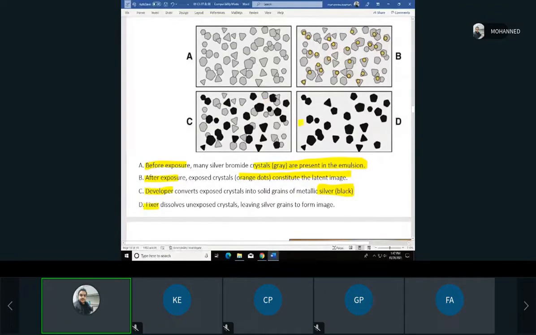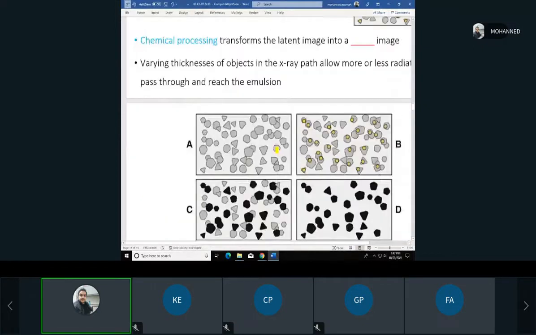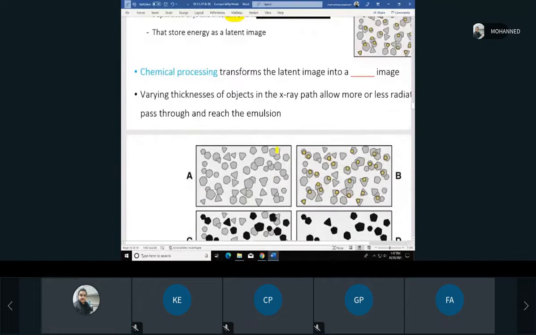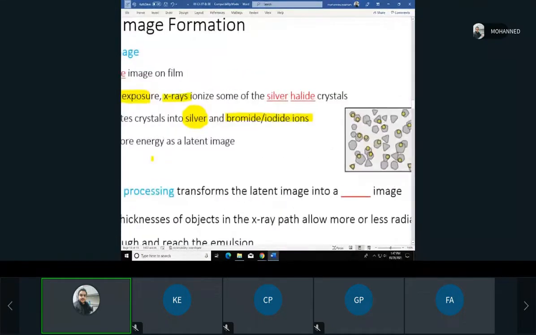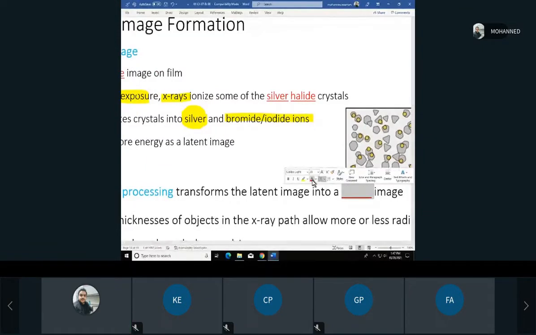And then when we use the fixer, it will clean them up and only keeps the image. So let's see here. Latent image, that's how it was made. And then the chemical processing will transfer the latent image into a visible image, right? This is where we can see the actual picture.